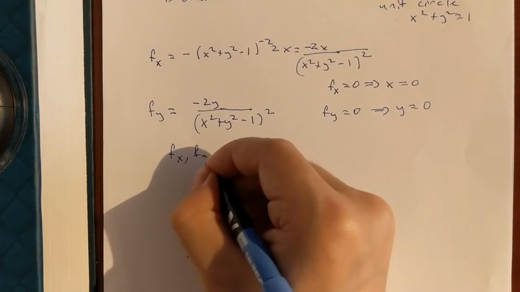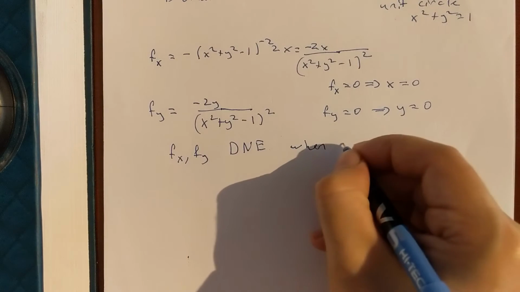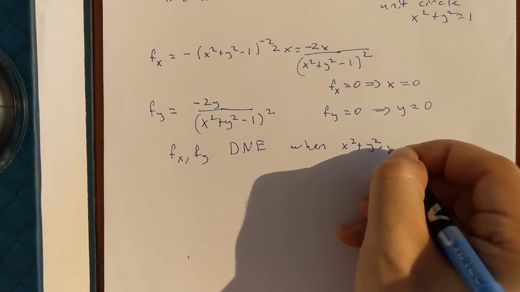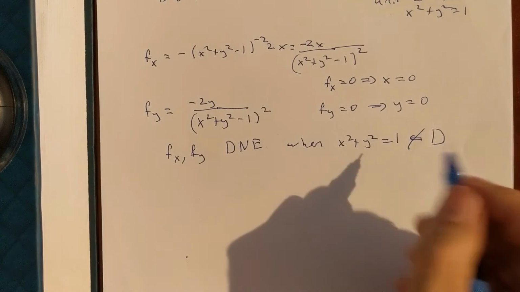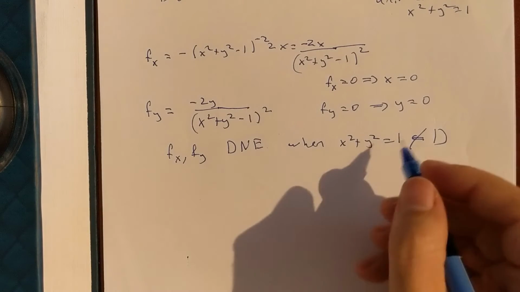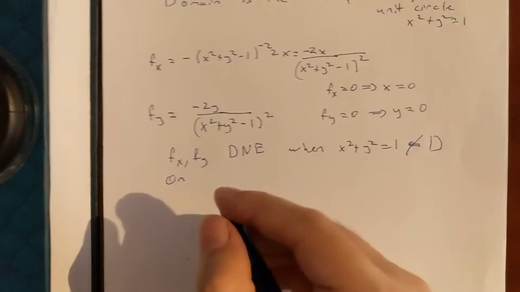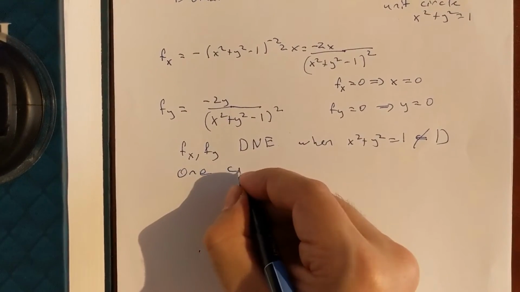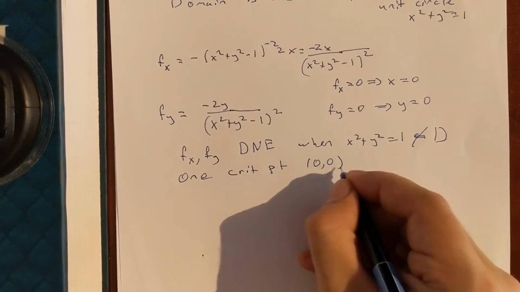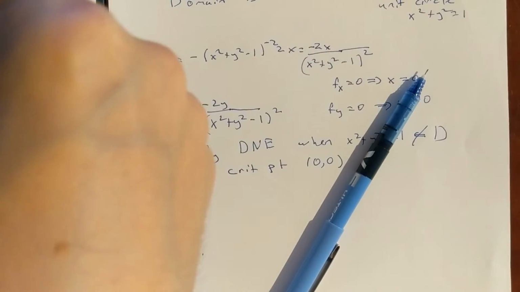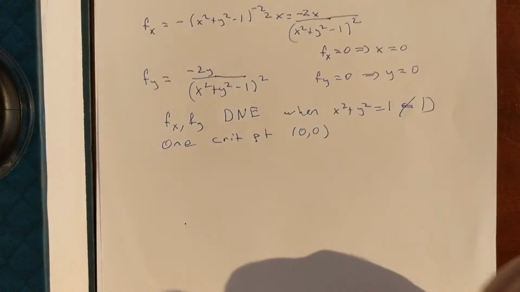When we're on the unit circle, when the bottom is 0. But these points were not in our domain, so we don't need to consider that. So we have only one critical point, and that's the point 0, 0. So we have to apply the second derivative test to just this critical point, and nothing else.